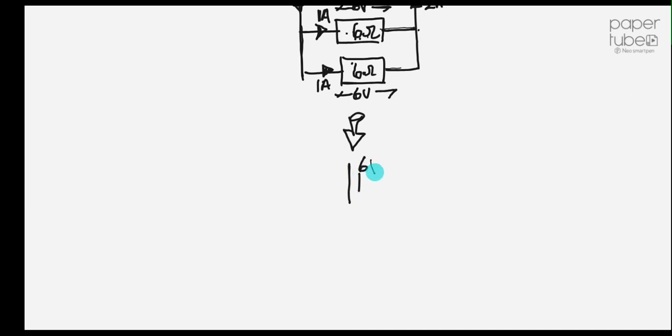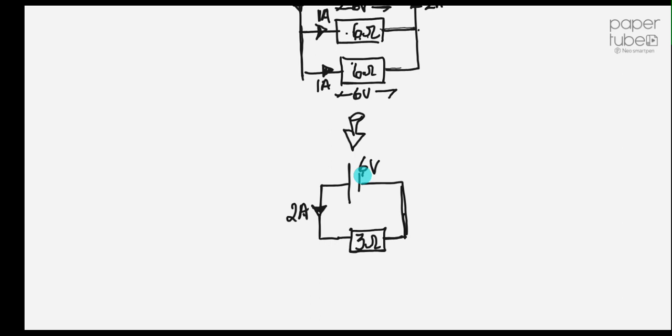I have a 6 volt supply and I have 2 amps coming out of it. And there's my resistor, like so. Well, in my world it's like that, but virtual world hasn't got there yet. That's 3 ohms because 2 times 3 gives me 6.